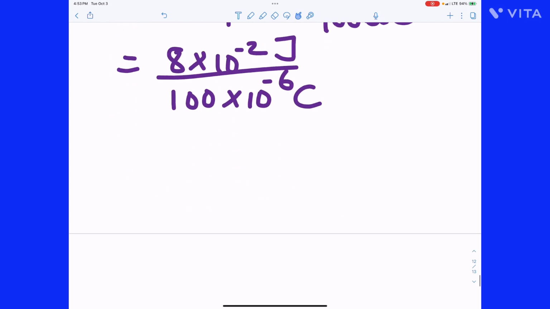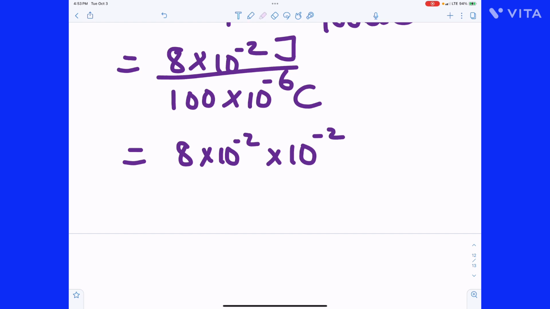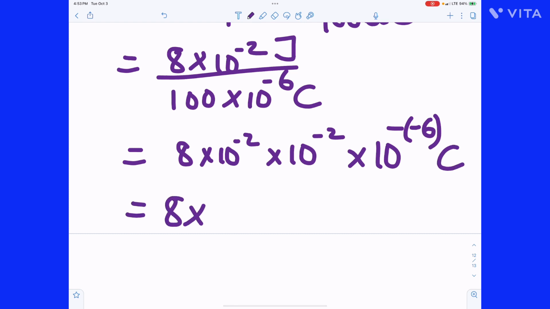So my answer is 8 times 10 raised to the power minus 2 times 10 raised to the power minus 2. If I take this 10 raised to the power 2 up, I will have to put a minus behind the 2. Then I'll take 10 raised to the power minus 6 up too. It will be minus 6 coulombs. That gives me 8 times 10 raised to the power minus 2 plus minus 2 plus 6.